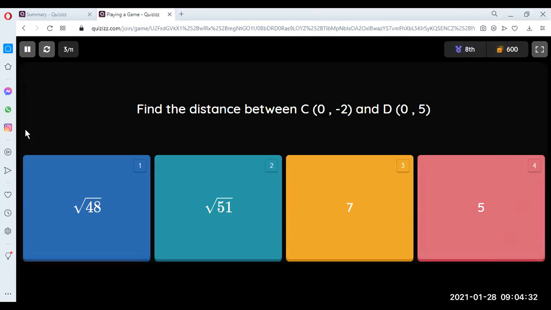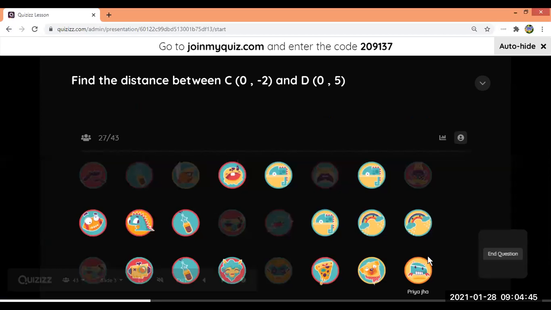You should be able to see the question like this, which is find the distance between those 2 points, and you have the choices. Quickly click on the right one, and I'll give you another 3 seconds.